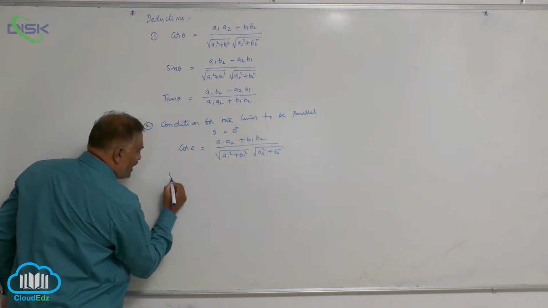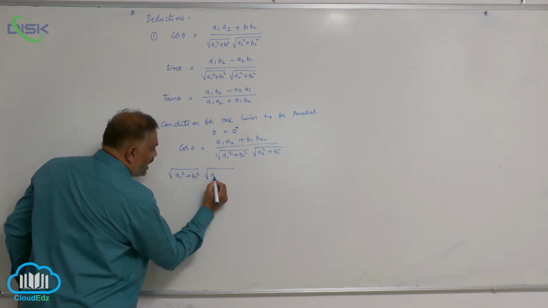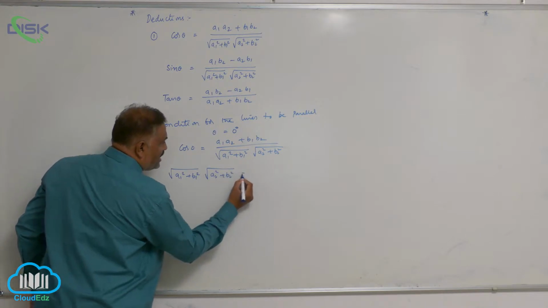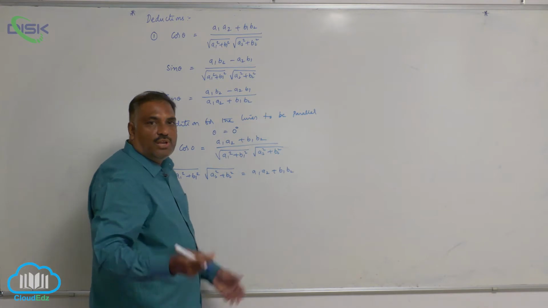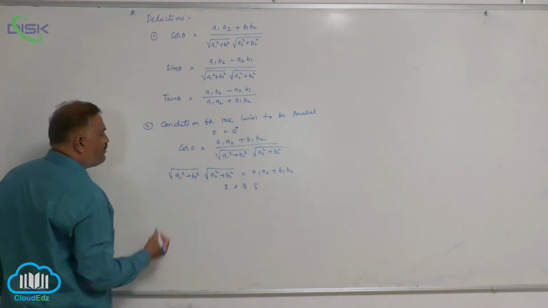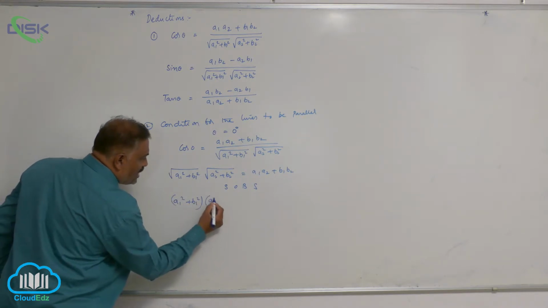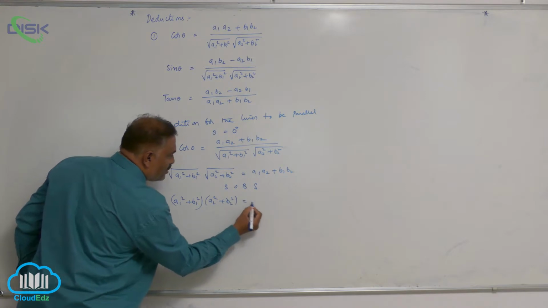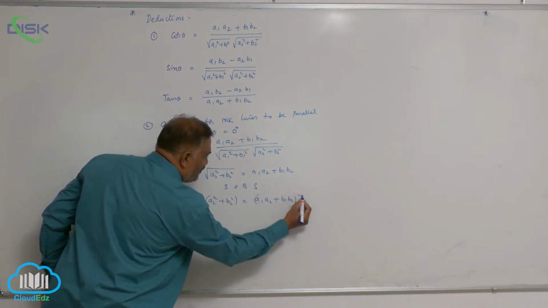So cross multiplication, root of a1 square plus b1 square into a2 square plus b2 square is equal to a1 a2 plus b1 b2. Now you simplify this equation by squaring on both sides. a1 square plus b1 square into a2 square plus b2 square is equal to a1 a2 plus b1 b2 whole square.